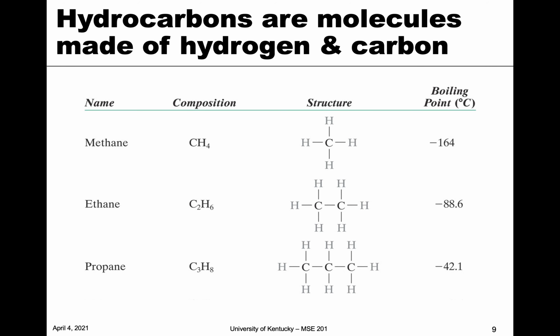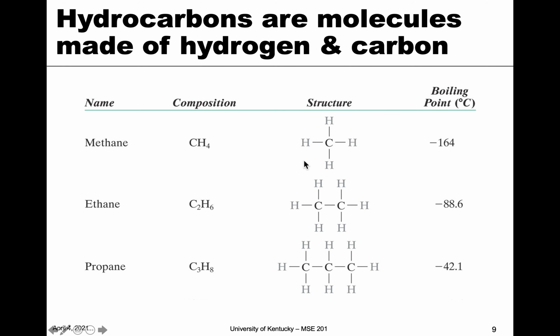All right, so when we talk about polymers, it's useful to talk about hydrocarbons because hydrocarbons and chain polymers tend to share a lot of properties, and there's essentially a subtle difference between the two. So let's just look at the simplest hydrocarbon we can have, and that's methane or CH4.